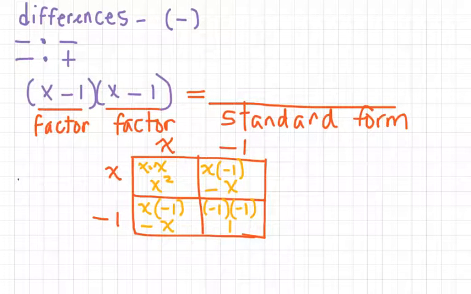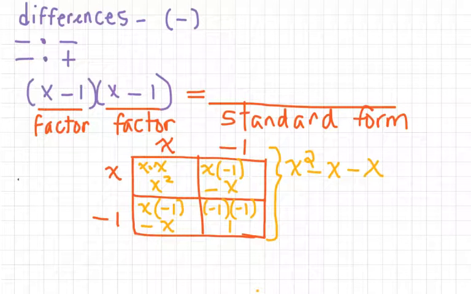I'm now going to add up everything inside, and I'm going to get x squared minus x minus x plus 1. I am now going to combine like terms. Notice I underline the like terms in that expression.